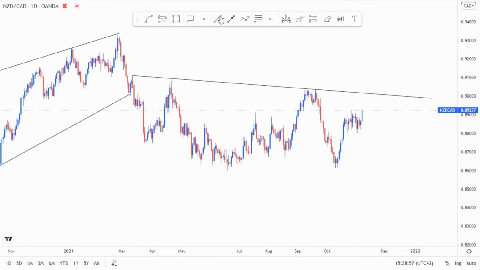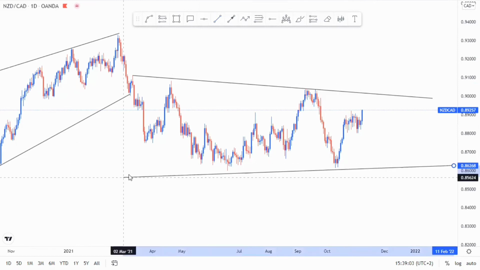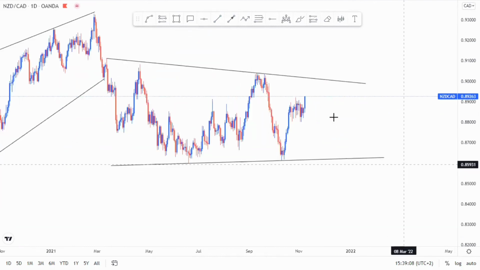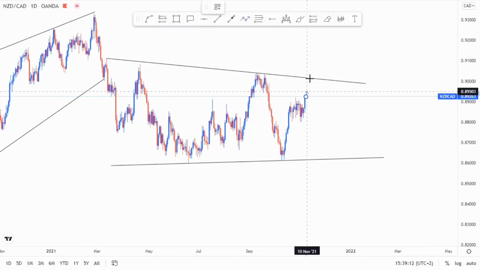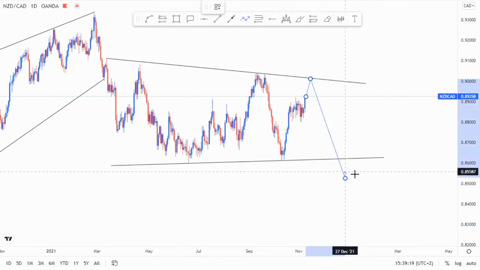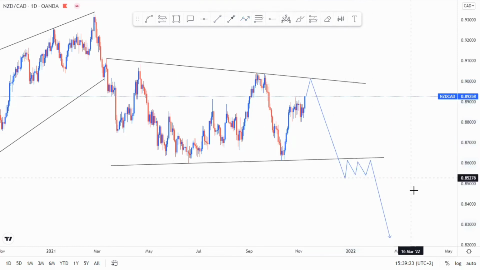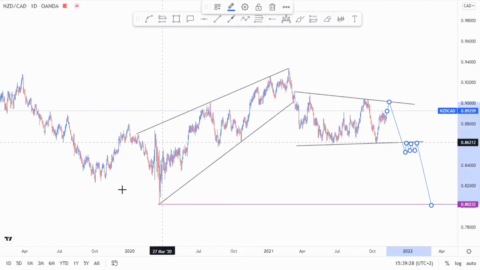But let me identify the pattern. Also at the bottom. Now I see something like this. So now I expect price to go to the upside, touch this upper trend line, then go to the downside, maybe do something like this before shooting to the downside. 2 hour, 90% rule of this pattern.